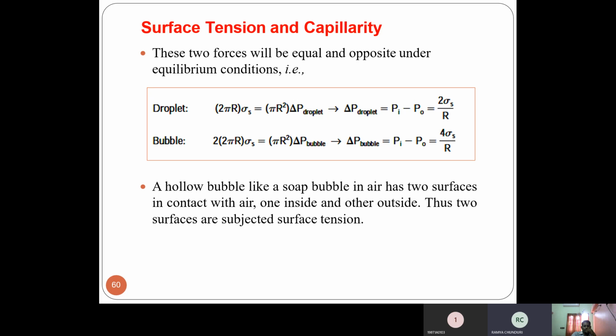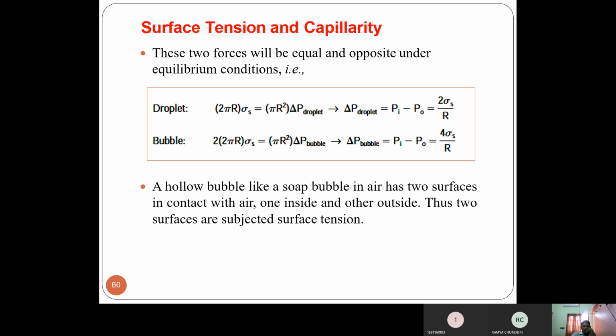For a bubble, 2 into 2 pi r sigma s is equal to pi r square delta p. Pi gets cancelled, and r and square get cancelled. What will be the remainder? 4 sigma s is equal to delta p into r.